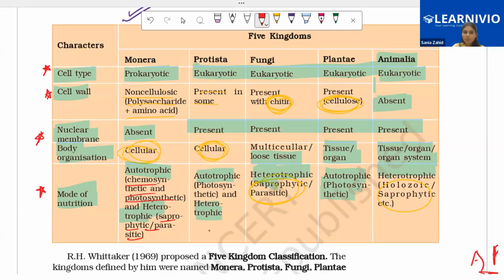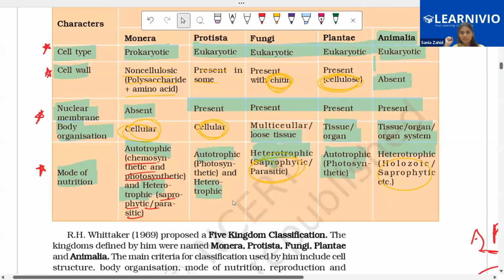Very good. What about the mode of nutrition? Mode of nutrition in Monera, it's autotrophic. Aisha, in Monera, it is not just autotrophic. It is autotrophic also, heterotrophic also. And if it is autotrophic, then it can be of two types.